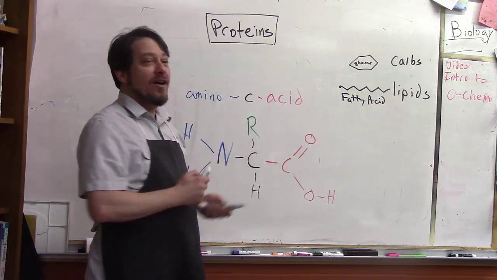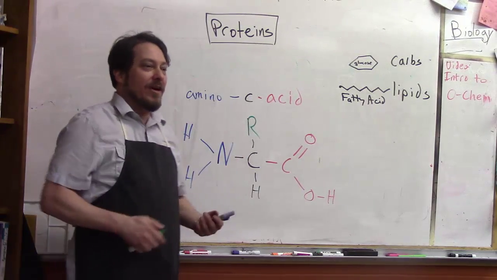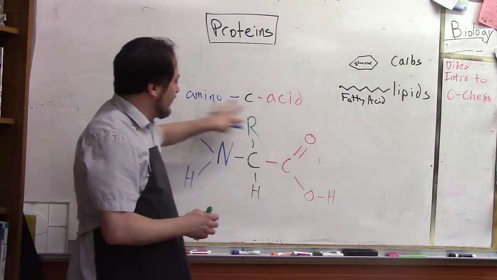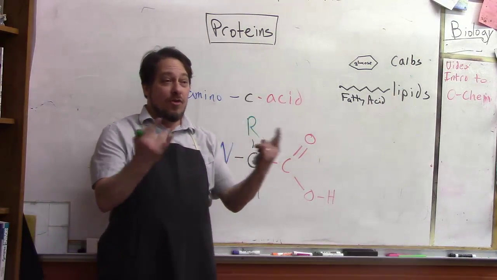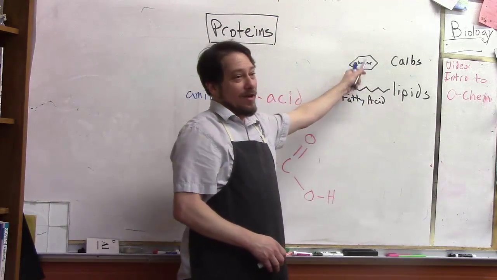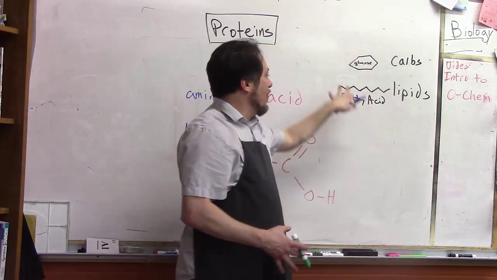Anyway, R can be anything. If you line up all the amino acids in the world, basically what happens is you connect a bunch of these to each other. By the way, you don't have to memorize this any more than you had to memorize the full glucose molecule with all those OHs and Hs and CH2OH.